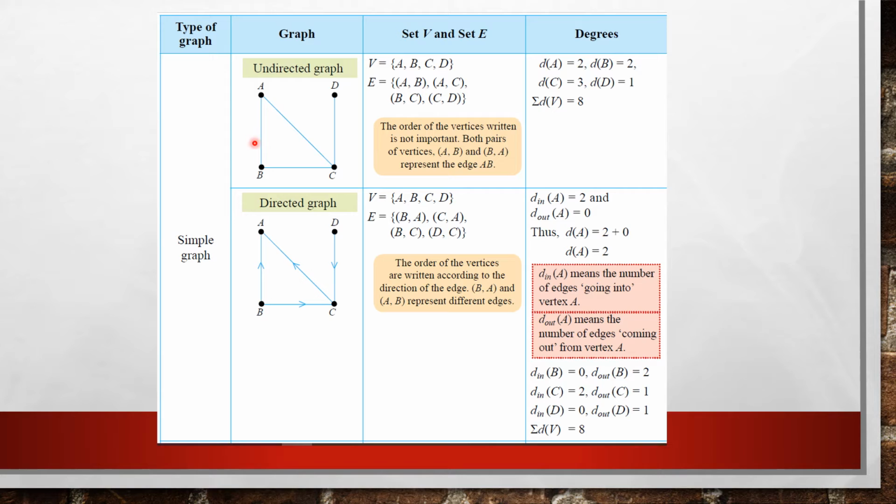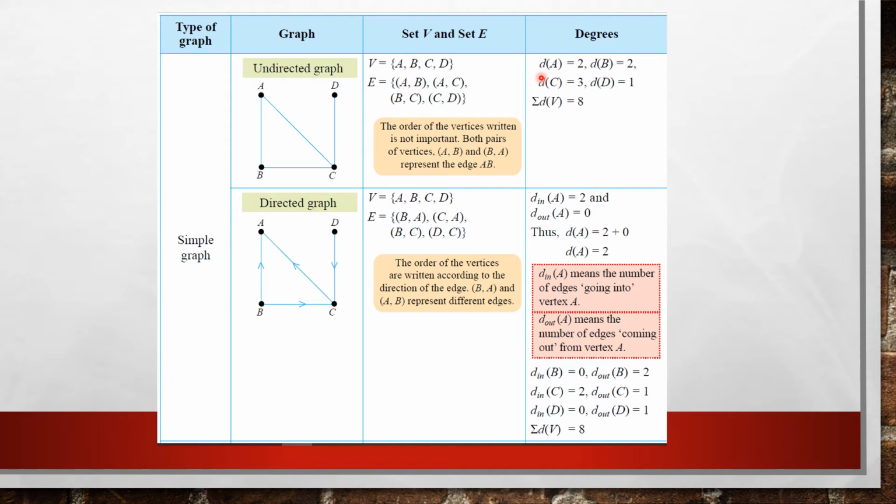The first line here is AB. You can write it as BA also. Next, AC. You can write it also as CA. Next, BC. Then CD. So in total you have 4 edges. So you take 4 times 2, you will get a total degree of 8.